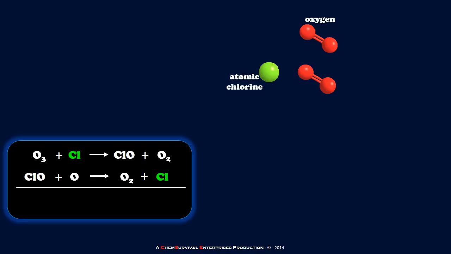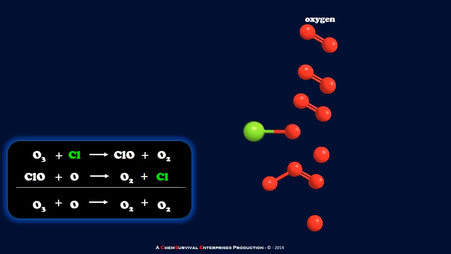So you'll notice that in my two-step reaction that I've drawn here on the bottom left, that chlorine goes in as a reactant, but also comes out as a product. And this is our definition of a catalyst. So the chlorine catalyzes the decomposition of ozone into O2. And one chlorine atom can do this to tens or hundreds of thousands of molecules of ozone.